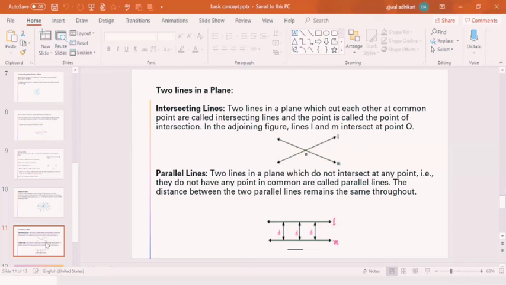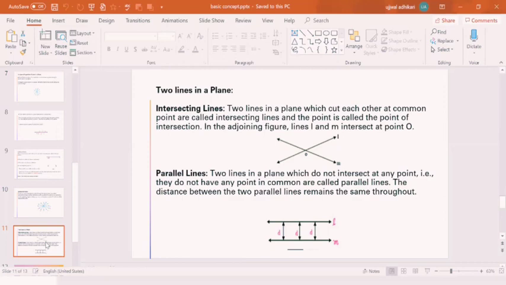And the point is called the point of intersection. In this given figure, O is the point of intersection and these two lines are intersecting lines. To understand easily, if two lines cross at a common point, they are called intersecting lines.